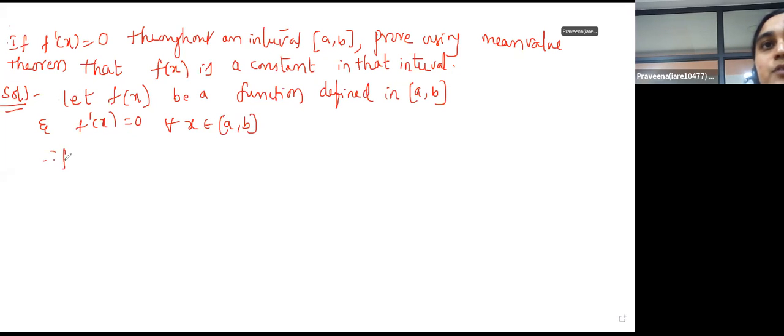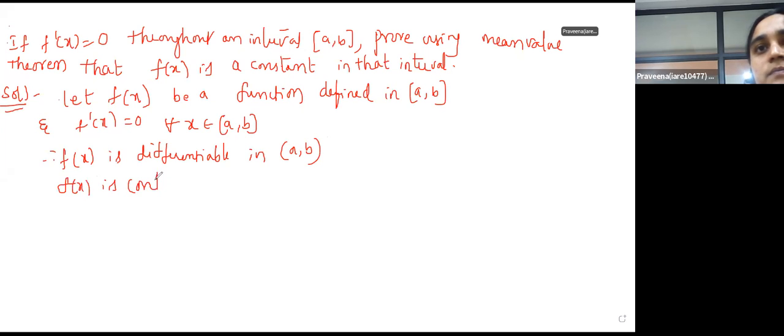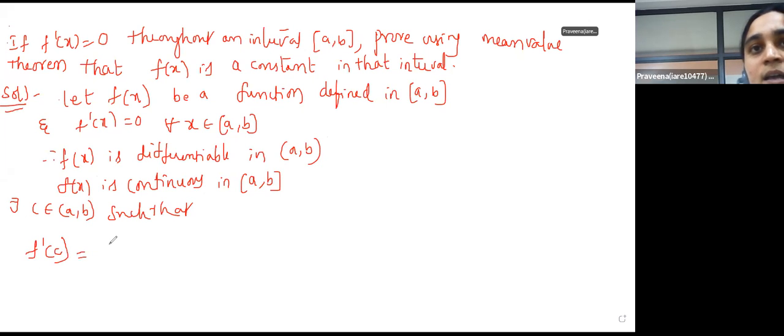Therefore f of x is differentiable in open interval a comma b, and f of x is continuous in closed interval a comma b. There exists, by Lagrange's mean value theorem, c belonging to a b such that f dash of c is equal to, in place of b taking x, f of x minus f of a by x minus a.